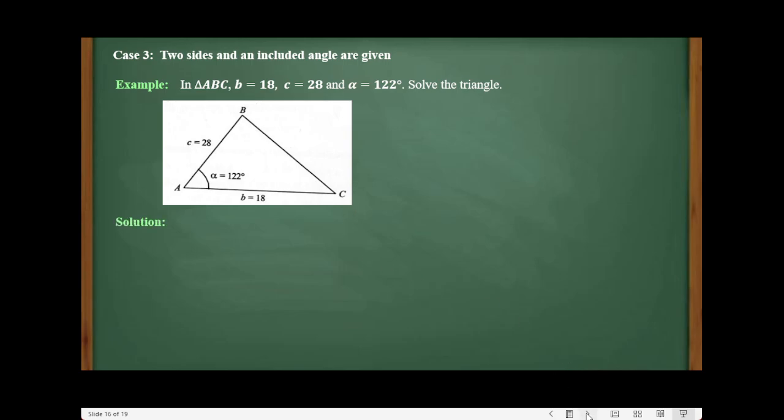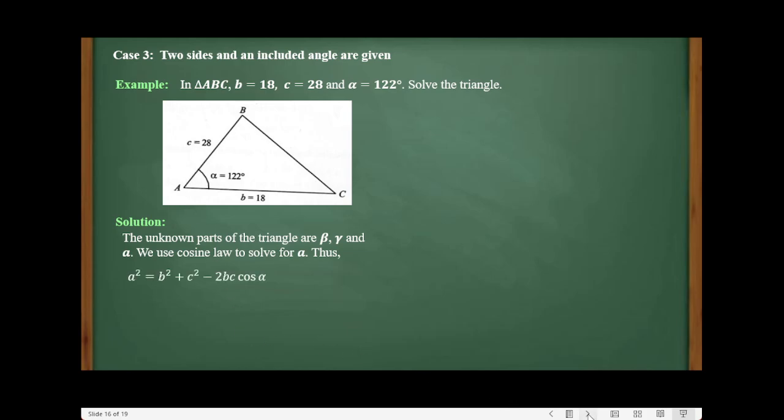So, for our solution, the unknown parts of the triangle are what? Beta, which is the angle from point B, and gamma, which is the angle from point C, and side small letter a, which is the opposite side of angle alpha, having a measure of 122 degrees.